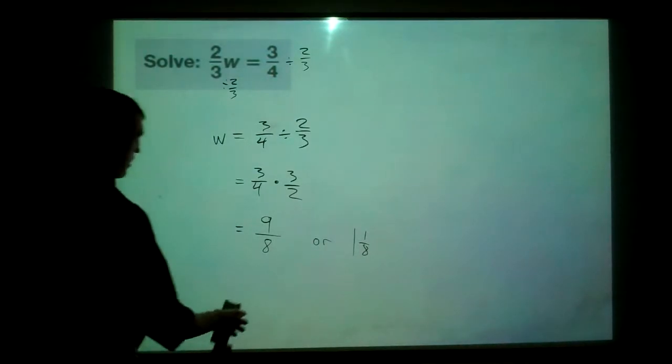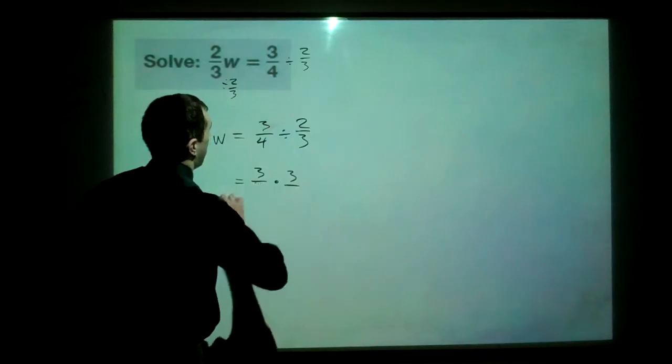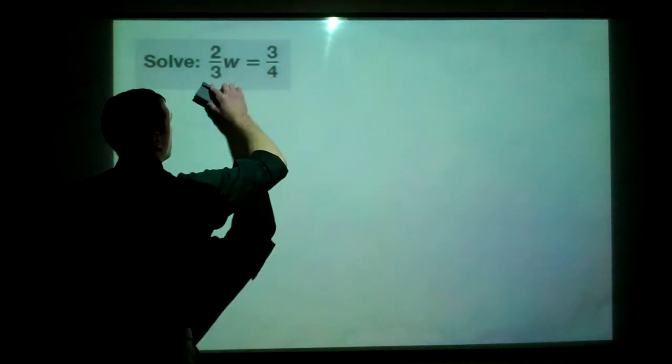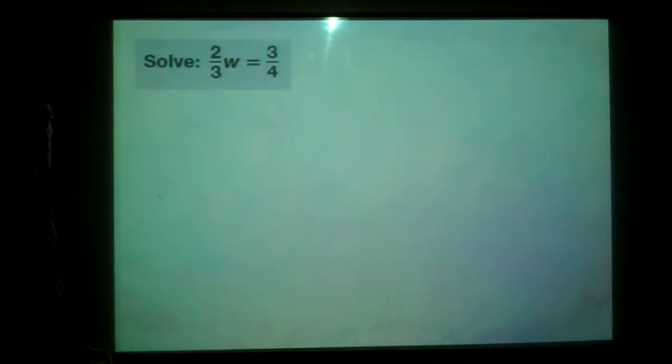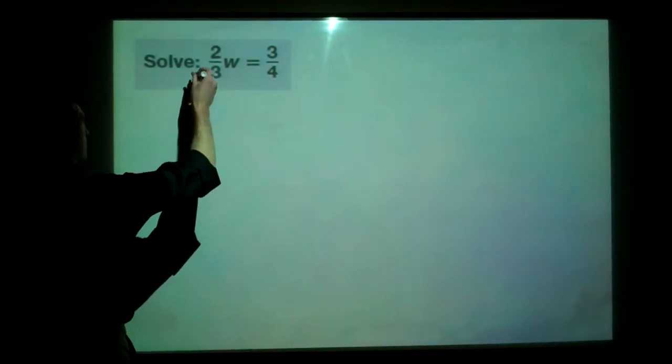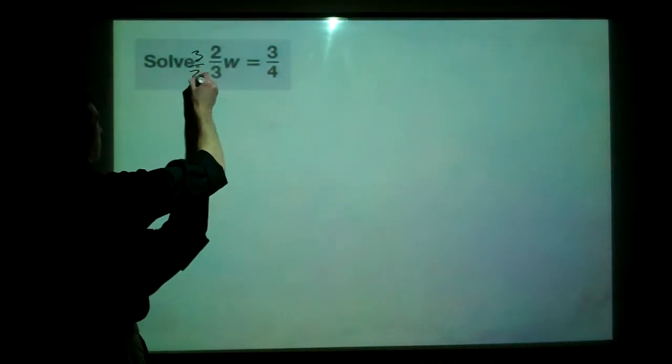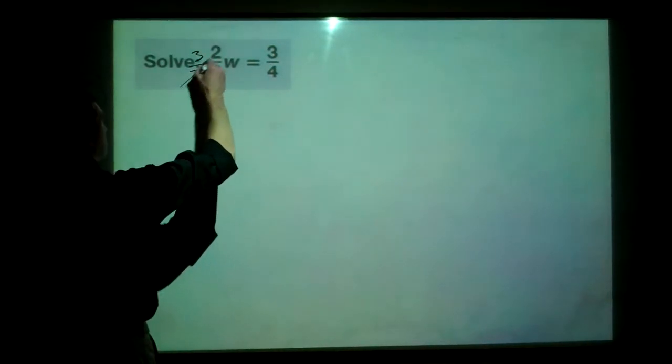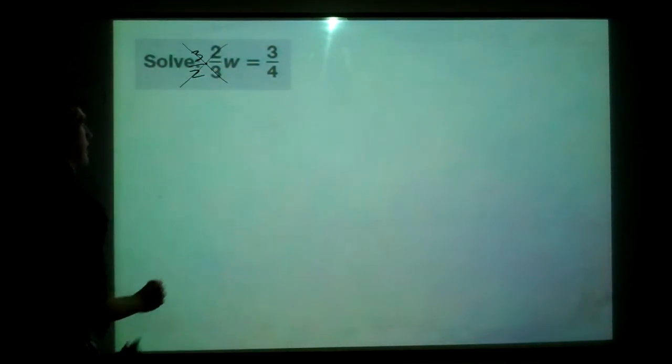And I'll show you a shortcut you could use. Yes, we did divide by 2/3. But what we can do, and if you remember this, you can just multiply by the reciprocal. So if I multiply this by 3 over 2, notice how these two are going to cancel out and those two are going to cancel out.